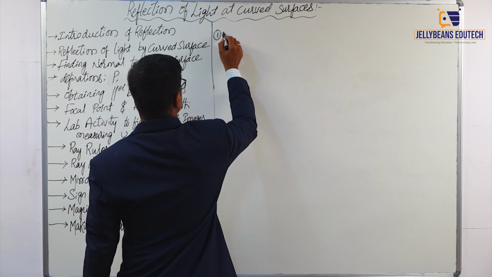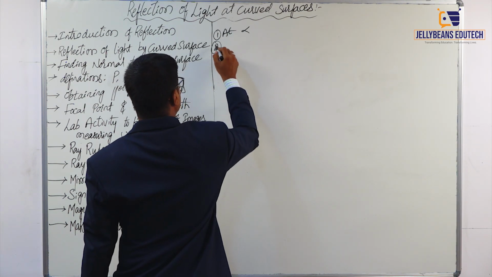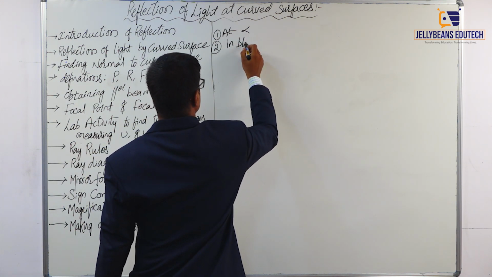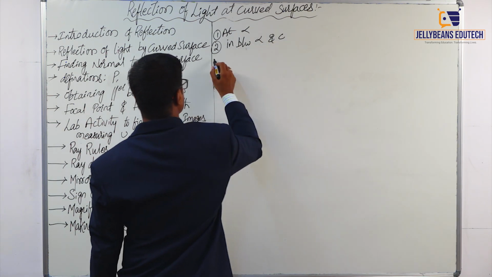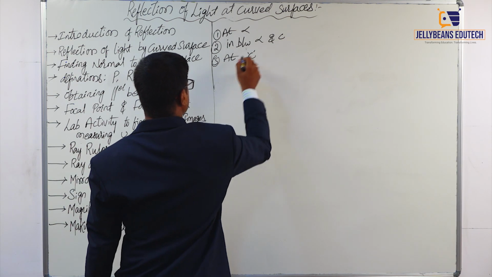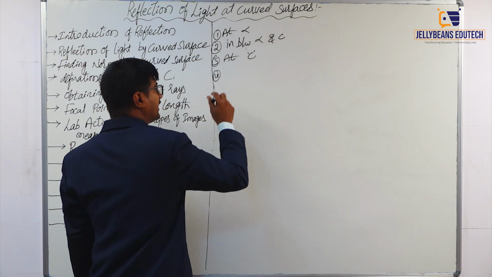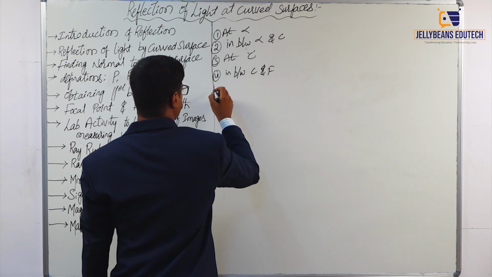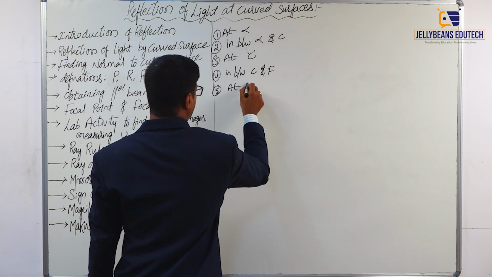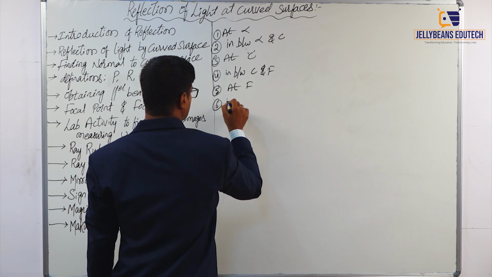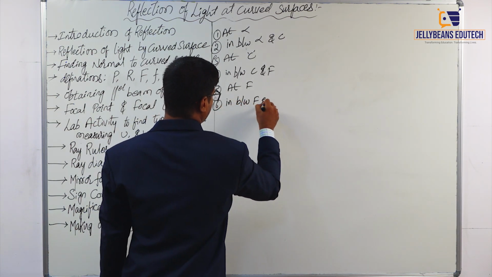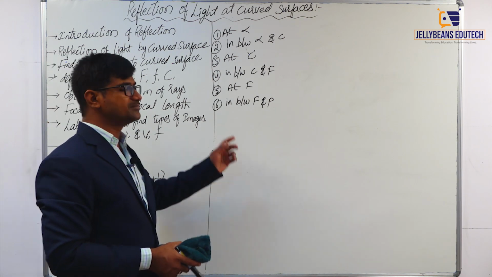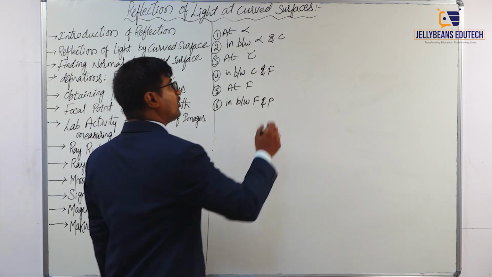So let us see the ray diagrams at the different positions. First one at infinity, second in between infinity and C, third one at C, fourth one in between C and F, fifth one at F, sixth one in between F and P. So these are the 6 different positions of an object when we consider a concave mirror.